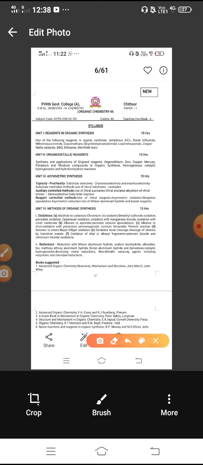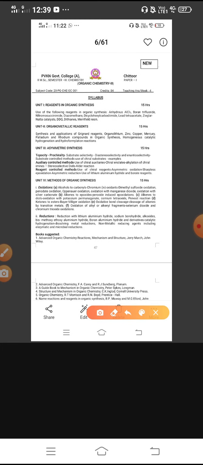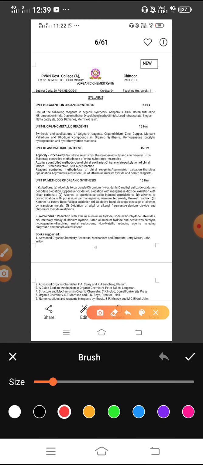Most of the reagents used in organic synthesis are oxidation reagents. The next one is reduction reagents. The third one is organometallic reagents.